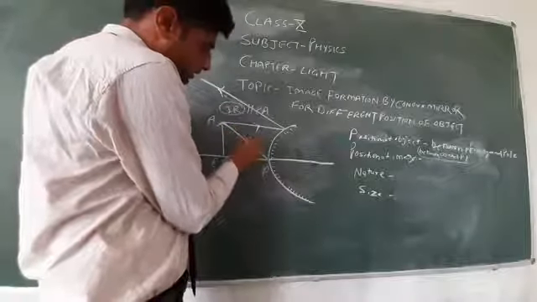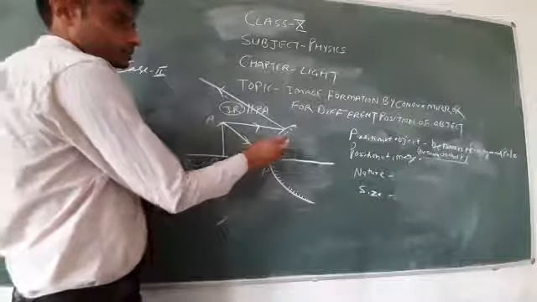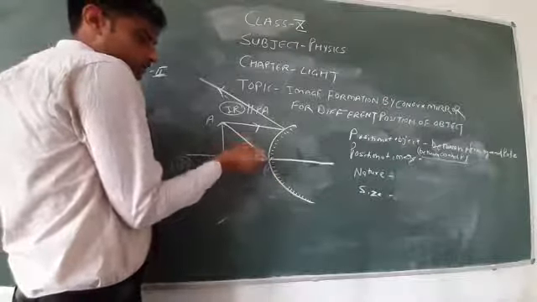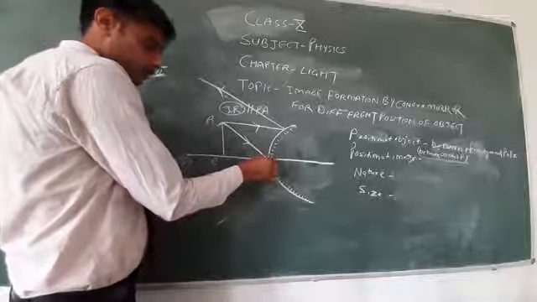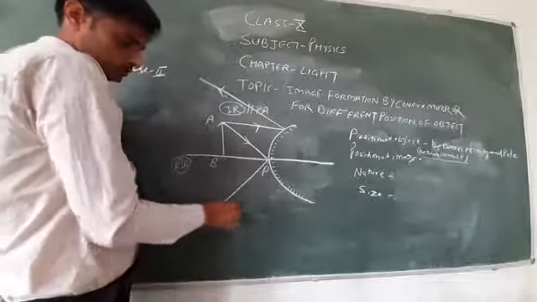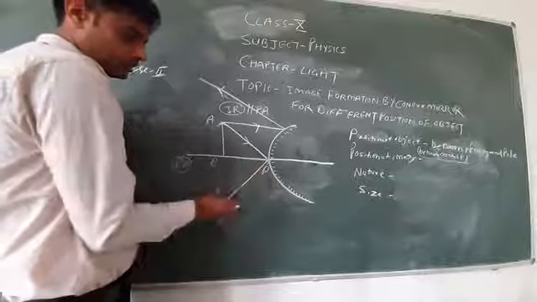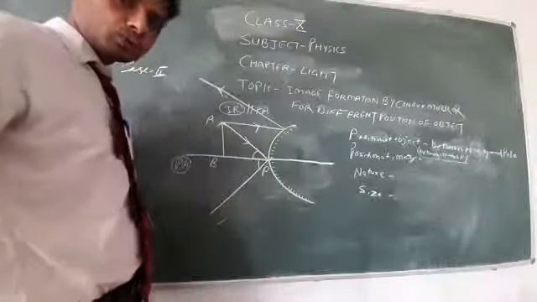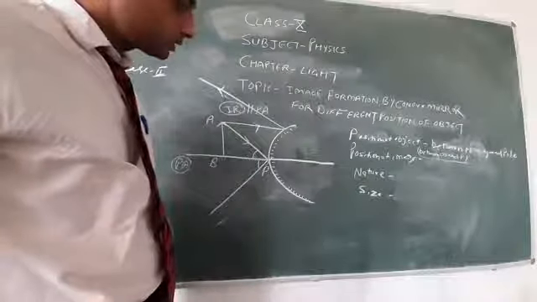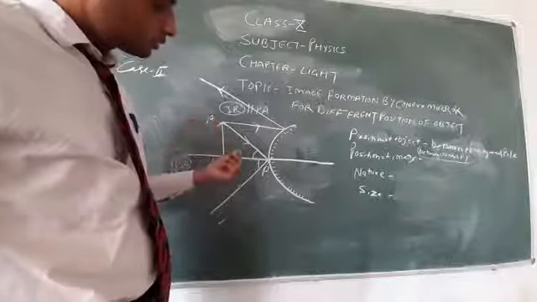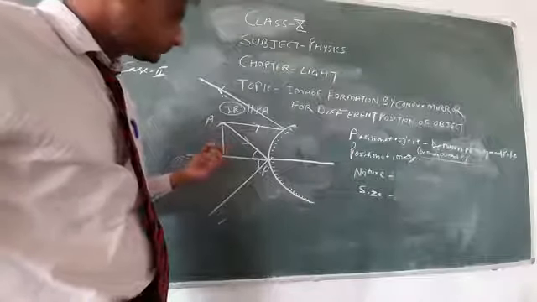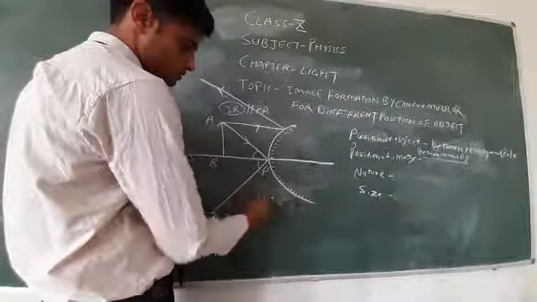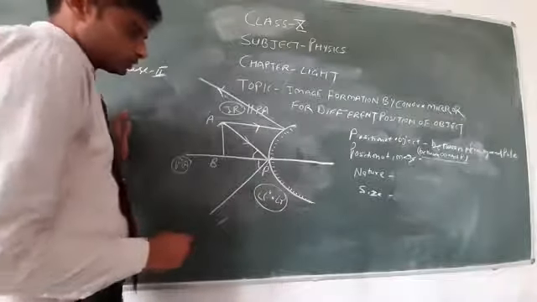This ray strikes at the pole, and after reflection, the reflected ray goes to the other side at the same angle, according to the second law of reflection: i equals r.